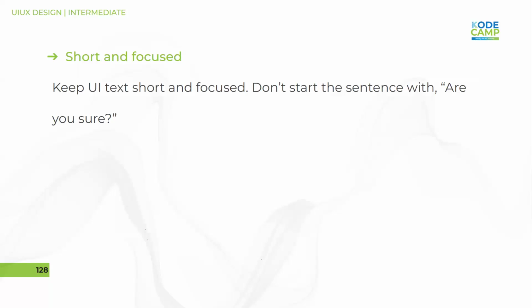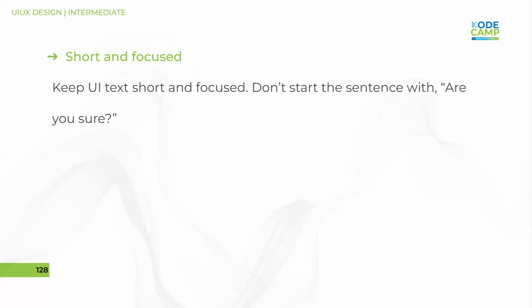All right. So keep UI text short and focused. Don't start the sentence with "Are you sure?" Not even, except in a situation where you want to take an action. We always have the caption.